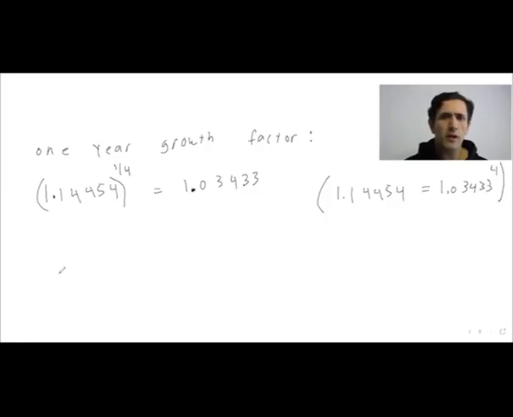Okay, anyway, so this here, if I is my equivalent effective 1-year interest rate, then this is exactly 1 plus I. The 1-year growth factor is 1 plus the equivalent effective annual interest rate for this 4-year time period.